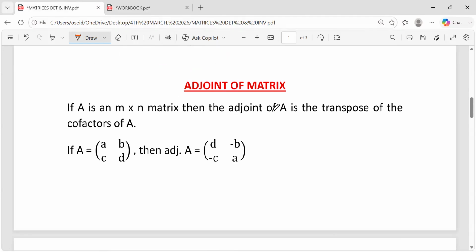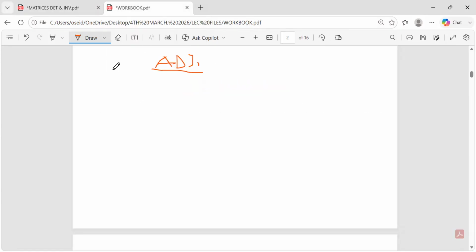Then the adjoint of A is the transpose of the cofactor of A. So what you are simply saying is that if matrix A has the components A, B, C, and D, then the adjoint of A will be equal to D, negative B, negative C, and A. So with adjoint of matrix, we interchange the leading diagonals.